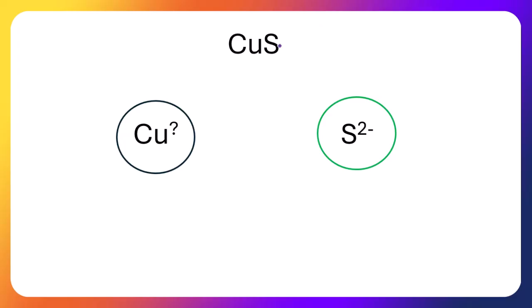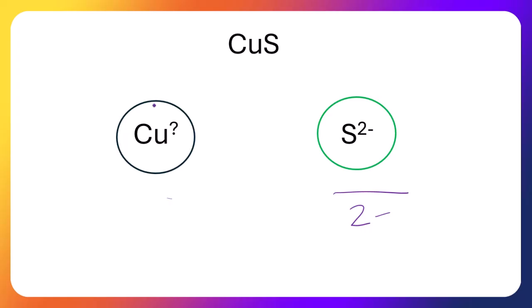Based on the subscripts involved, we know that there's a ratio of 1 to 1. So there's one sulfide anion with a charge of -2, and so there's a total of -2 charge. And we know that there's one of these copper ions.